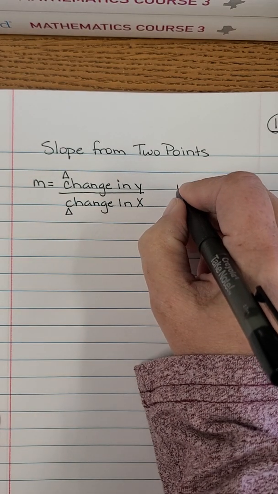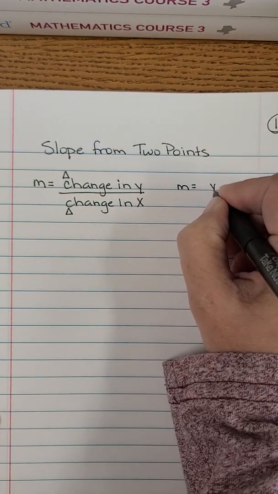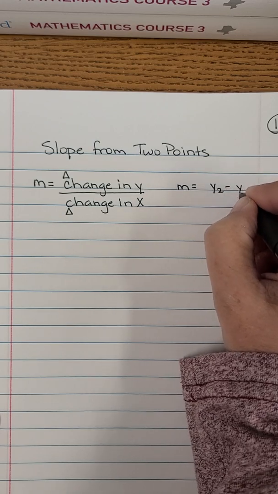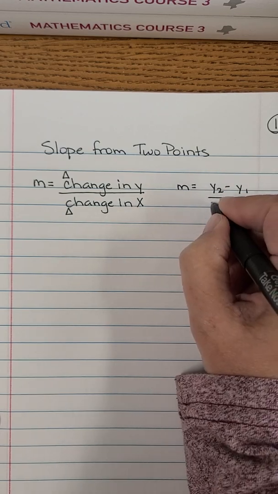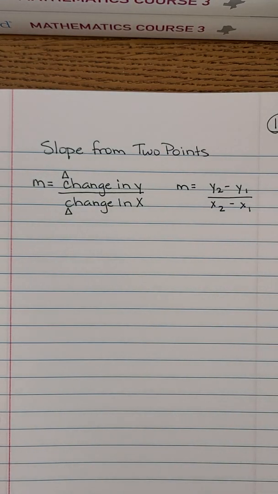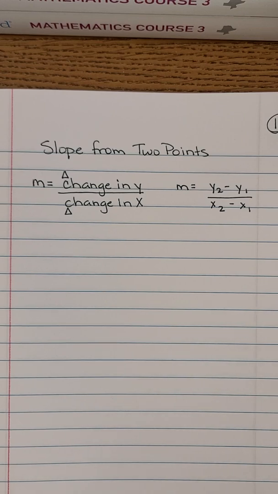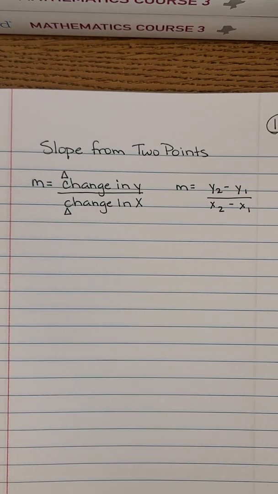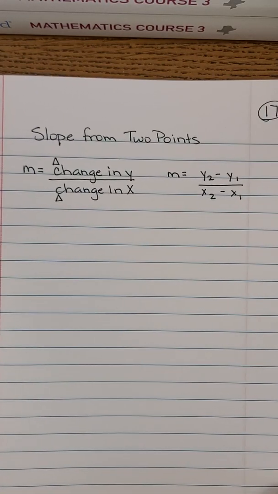So what we're looking at when we're talking about points, we're talking about our y2 minus our y1 over our x2 minus our x1. So we have 2 points. And remember, there's an x and a y in every point. And if we have 2 points, that means we have our first x and our second x, our first y and our second y. Okay, so we're going to look at some examples for how to do this.